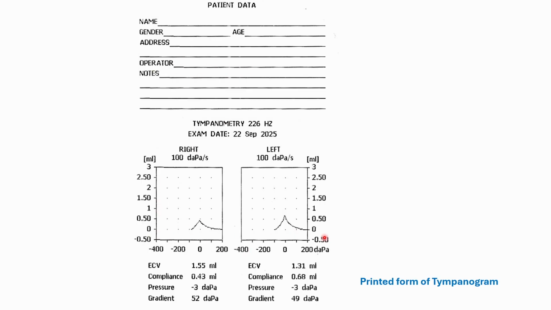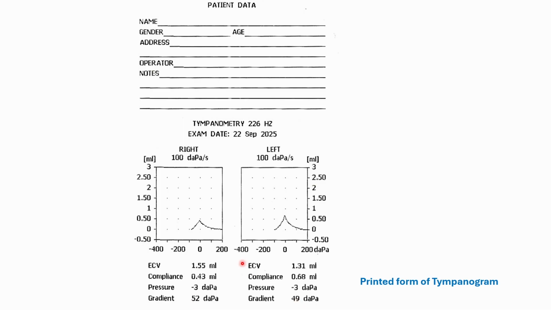If you see, the maximum peak is at around 0 daPa, 0 pressure, or here it is written -3. Compliance or the movement is 0.43, which is within the normal range of 0.3 to 1.5. And external canal volume is also less than 2, so it is again normal.